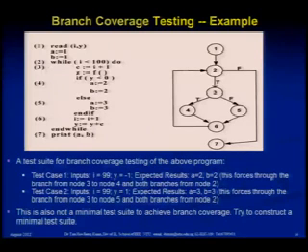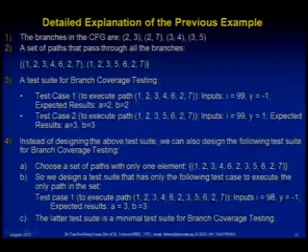So that is the way. Again, for this control flow graph, I have designed a set of test cases. The set of test cases is written here, and the explanation of how to design them is written in the next slide. These are the 4 branches.